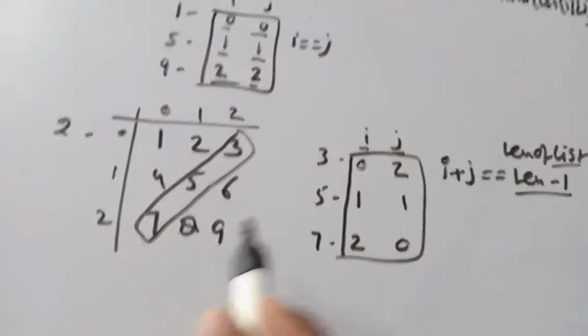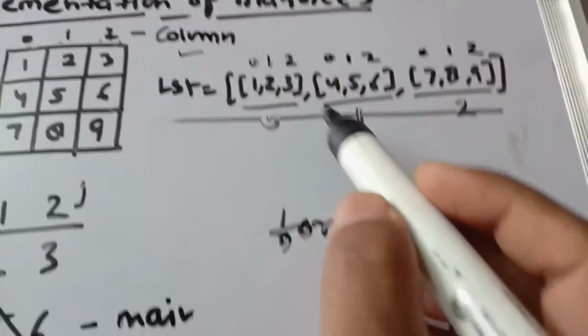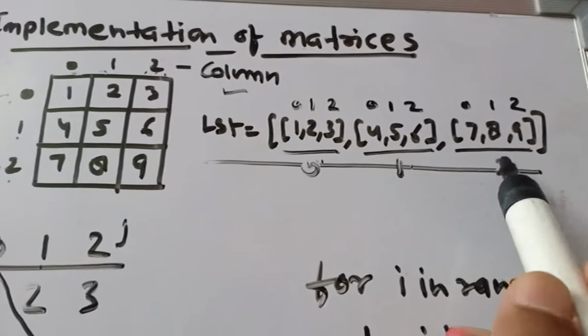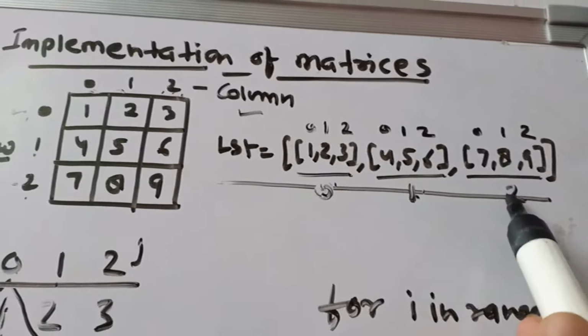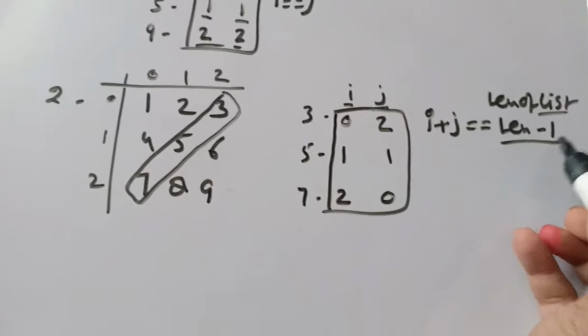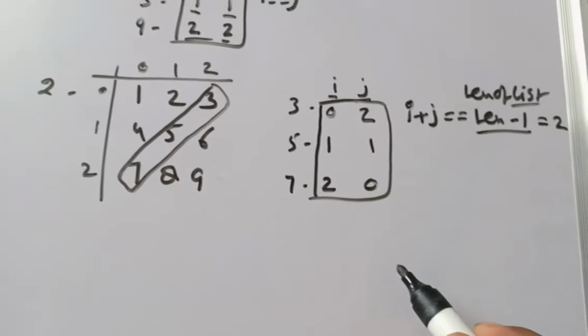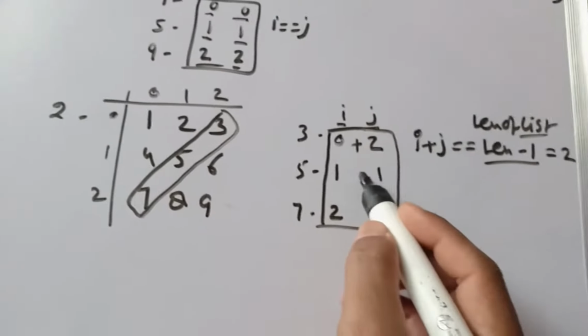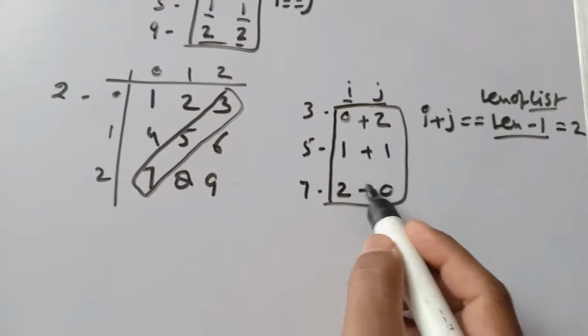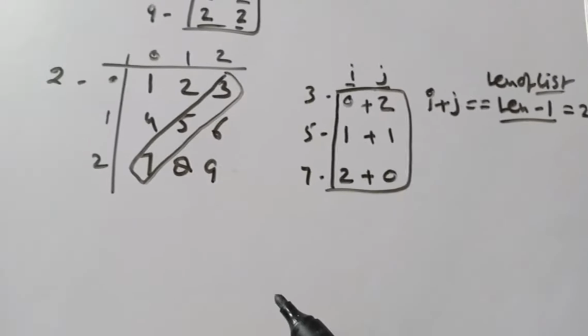The length of the list, which is given here, with addresses 0, 1, 2, that is 1, 2 and 3. The length of the list is 3. So 3 minus 1 is 2. So 0 plus 2 is 2, 1 plus 1 is 2, 2 plus 0 is 2.